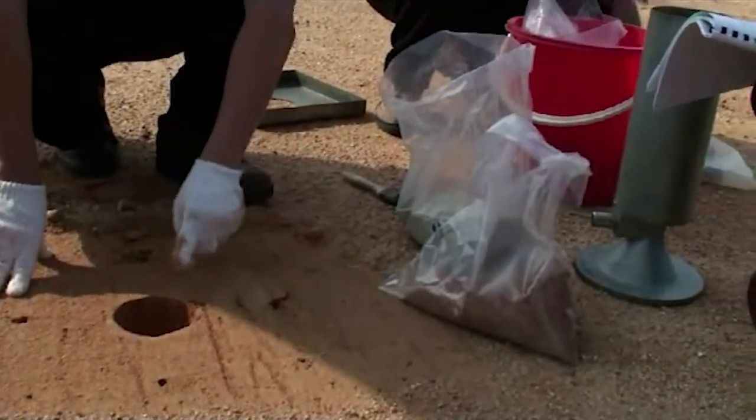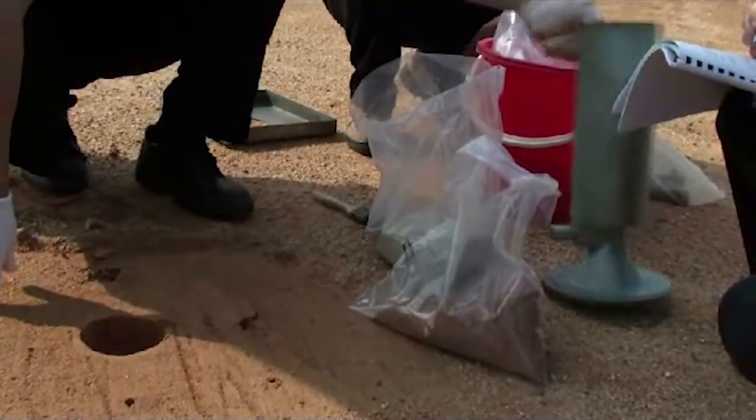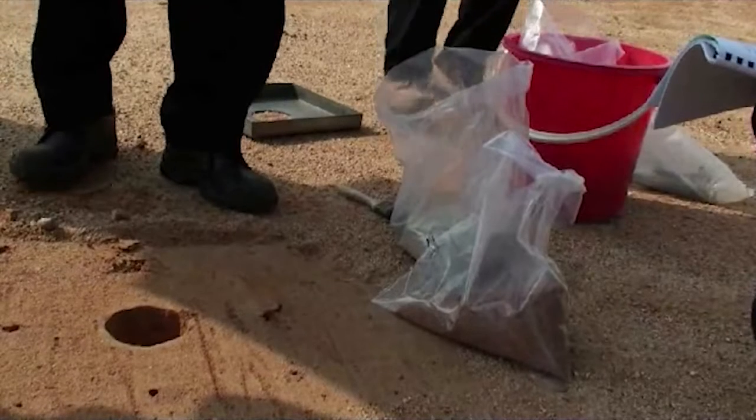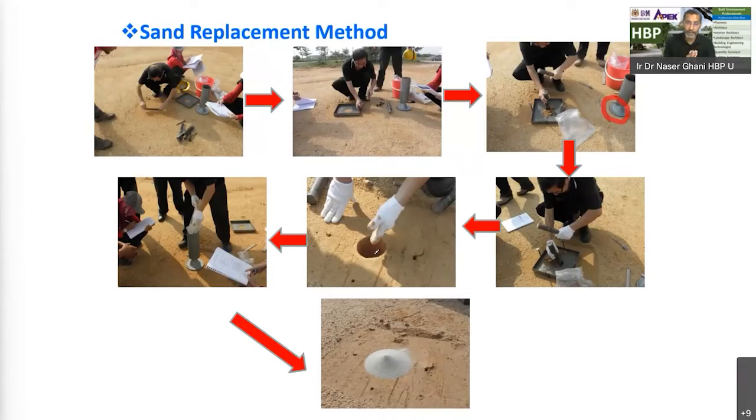But like I said before, the surface of the soil is not smooth. This one looks quite smooth, okay. But in some cases, like a crusher run compaction, for example a road base, it will not look like this.